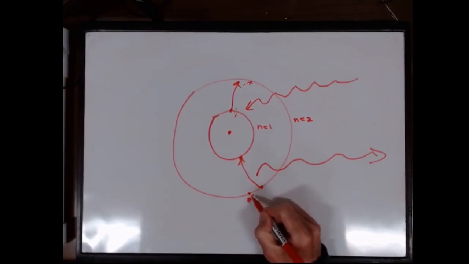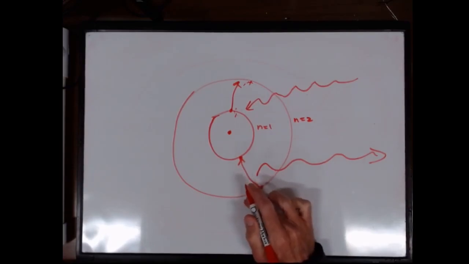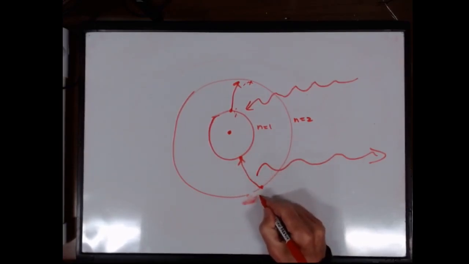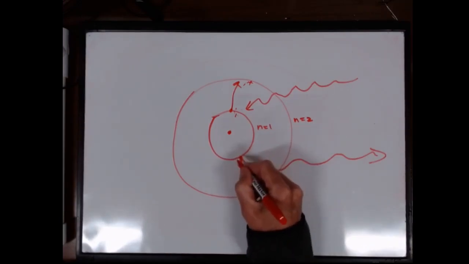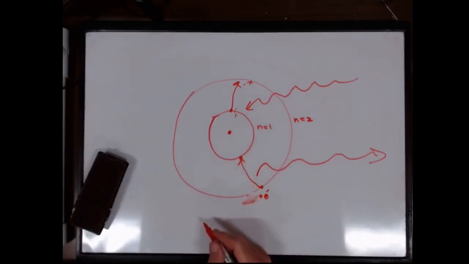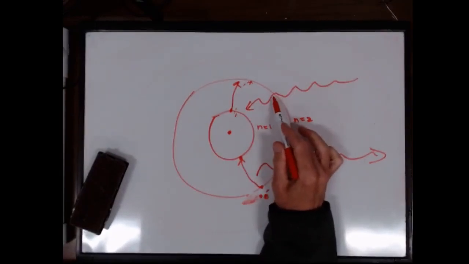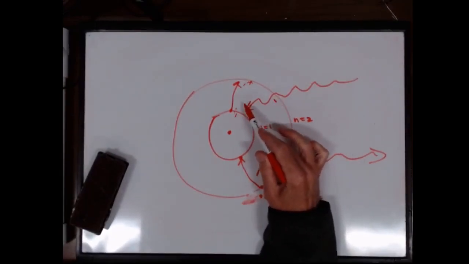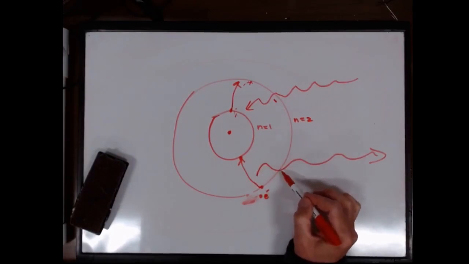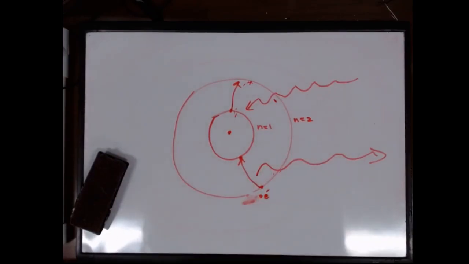I'll just have a little free electron here that's passing by, and it can get bumped and lose some energy to this one, and then it pops down to the lower level. So they can either jump up to a higher level by absorbing a photon or bumping an electron, or drop to a lower level by emitting a photon or bumping an electron.